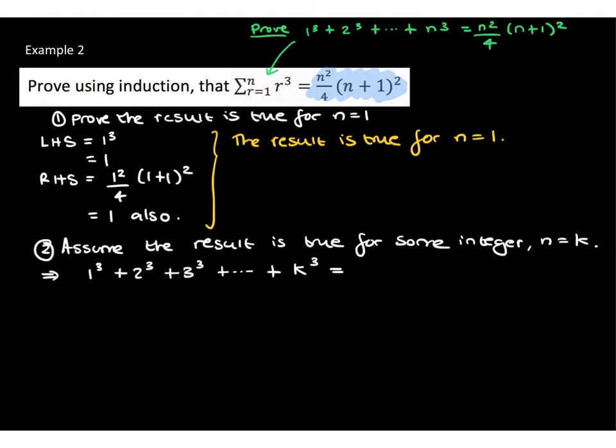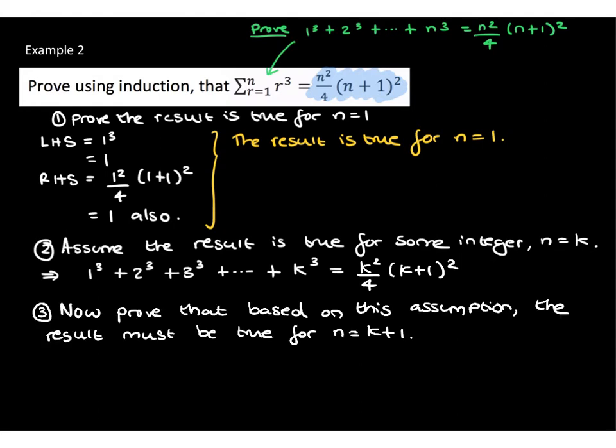k squared over 4, k plus 1 all squared. So now we need to consequently prove that on the basis of this assumption, the result must be true for n equals k plus 1. Now, if the result is true for n equals k plus 1, then our target expression is going to be the right-hand side here with n replaced by k plus 1.